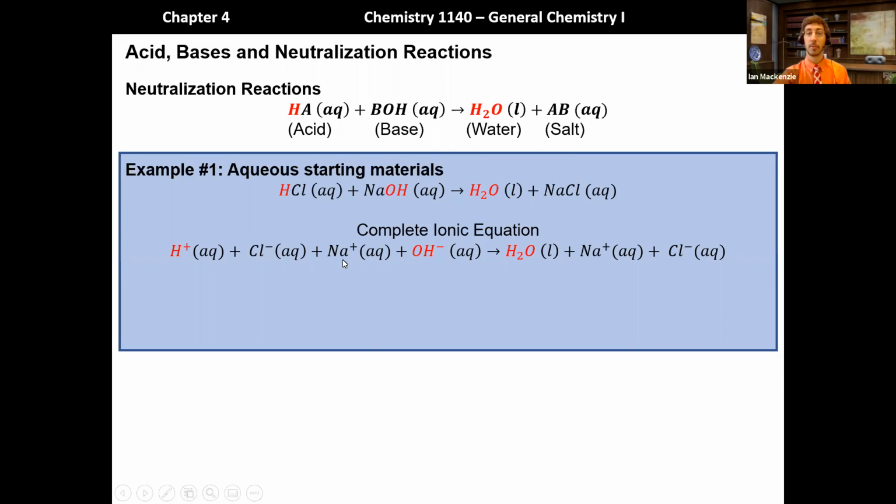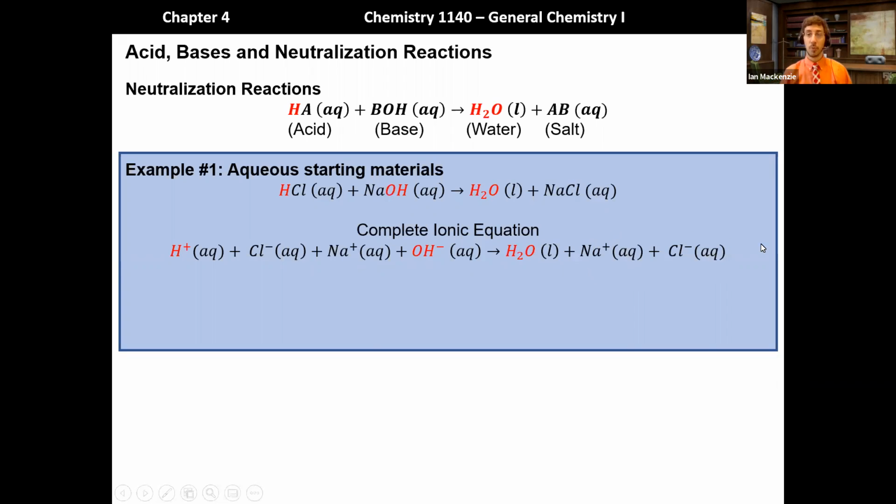Sodium hydroxide becomes the sodium ion and the hydroxide ion. Water is not listed as aqueous because you can't have water dissolved in water. Exactly, we don't refer to it that way. So it's simply given the liquid phase symbol, and we do not break that up into ions. Sodium chloride breaks up into the sodium ions and the chloride ions.